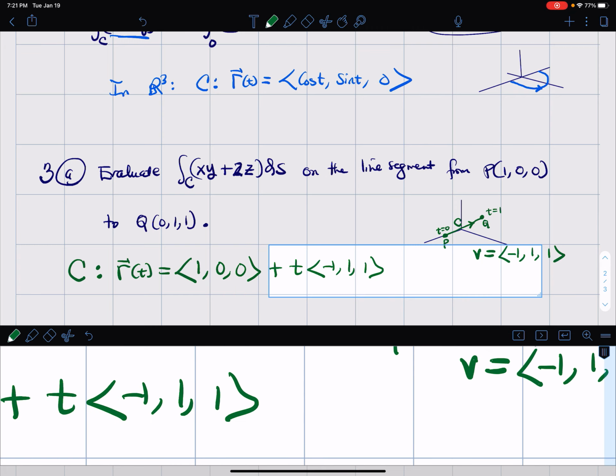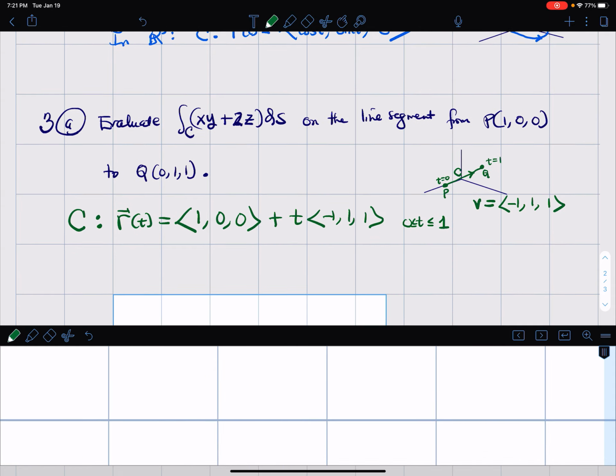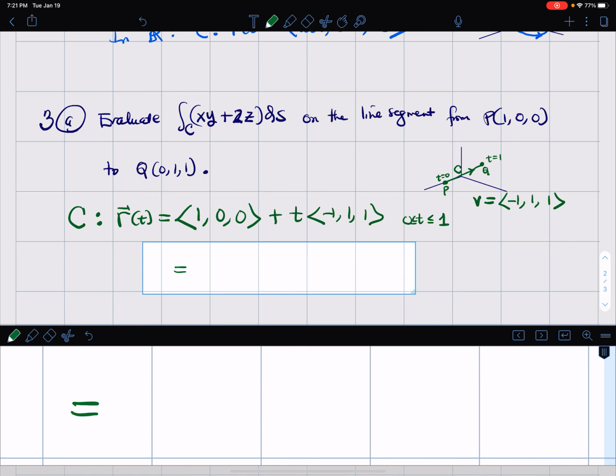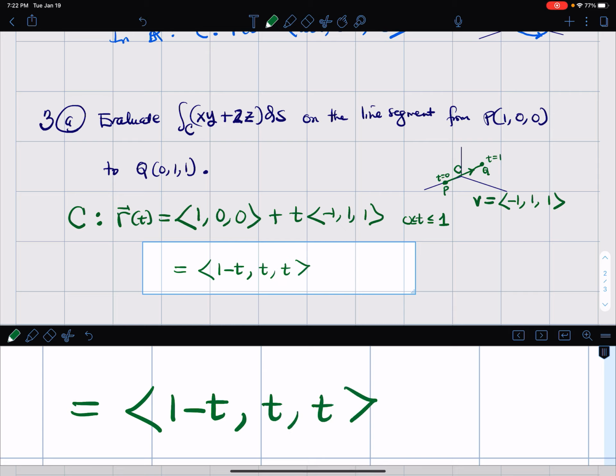And then t has to go from 0 to 1 because it's a line segment. So r of t, think of r of t as 1 minus t, t, and then t. So that's r of t.